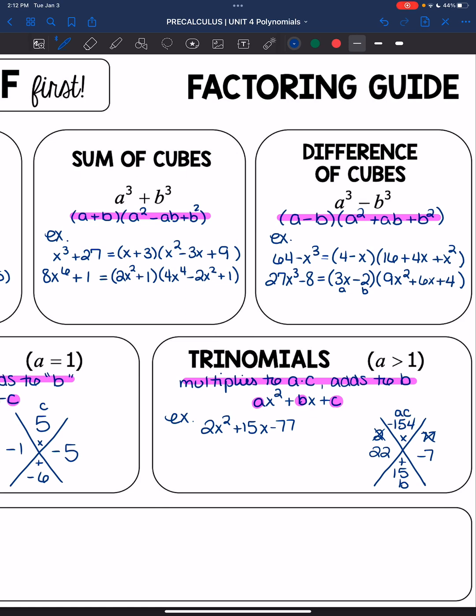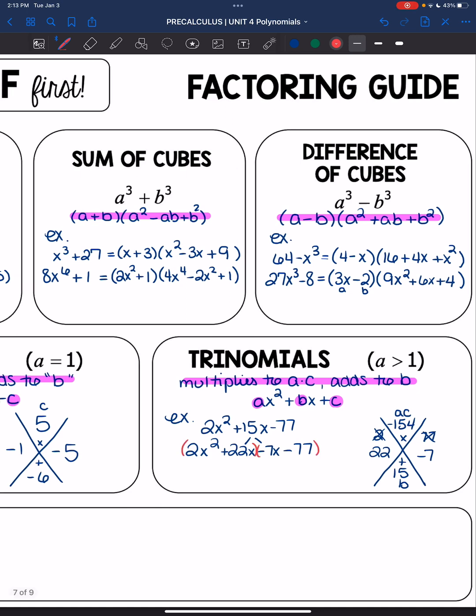So now we use those two numbers to split the middle. And so I'm going to say plus 22x, and then minus 7x, and then have the first and last term just like it was. Then I group up right here, and I group up right here.